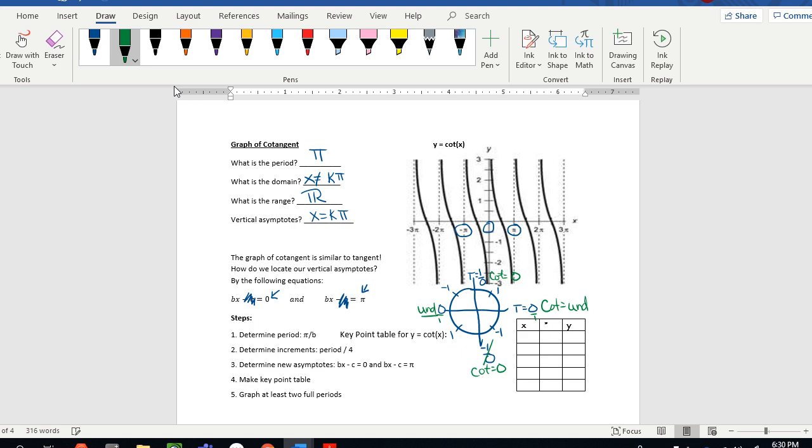So if I'm going to go from undefined to 0, I have to use this information here. What is this information here? This is between 0 and pi. That's why this number is 0 and that one's pi. All right? Our numbers change.